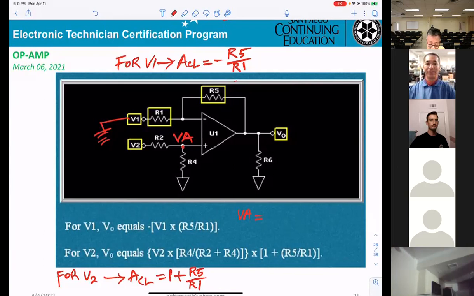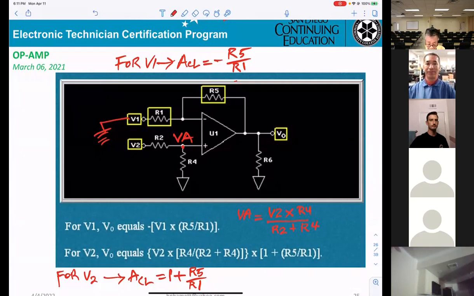This is just a voltage divider. So VA equals V2 times R4 over R2 plus R4. Then you can take the gain times VA. That's why they calculate for you here.